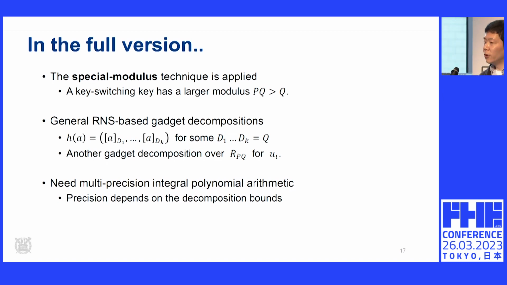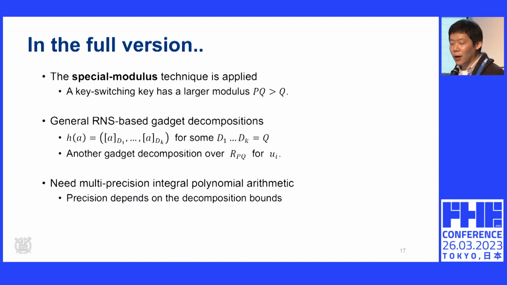Okay, so there are some features that I haven't explained in my presentation. You can definitely apply the special modulus technique to manage the noise growth, and in that case, the key switching key is generated in a larger modulus PQ.